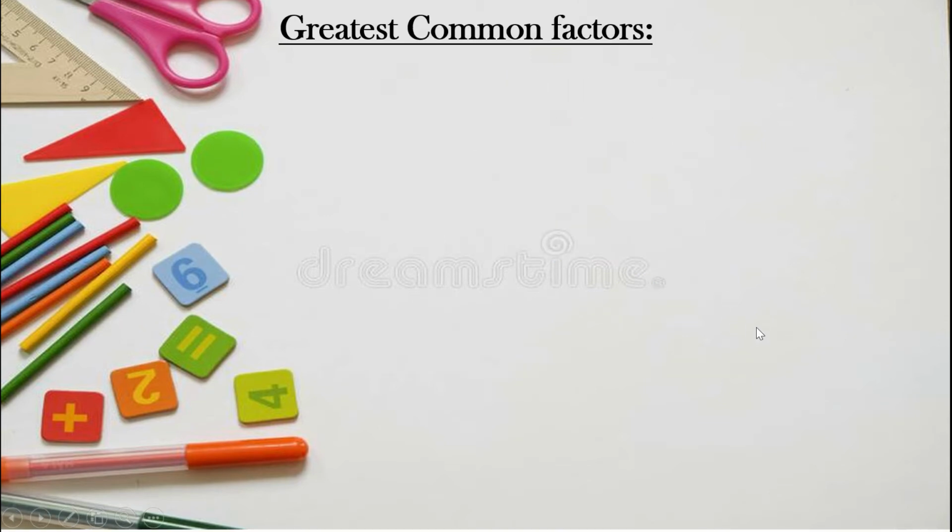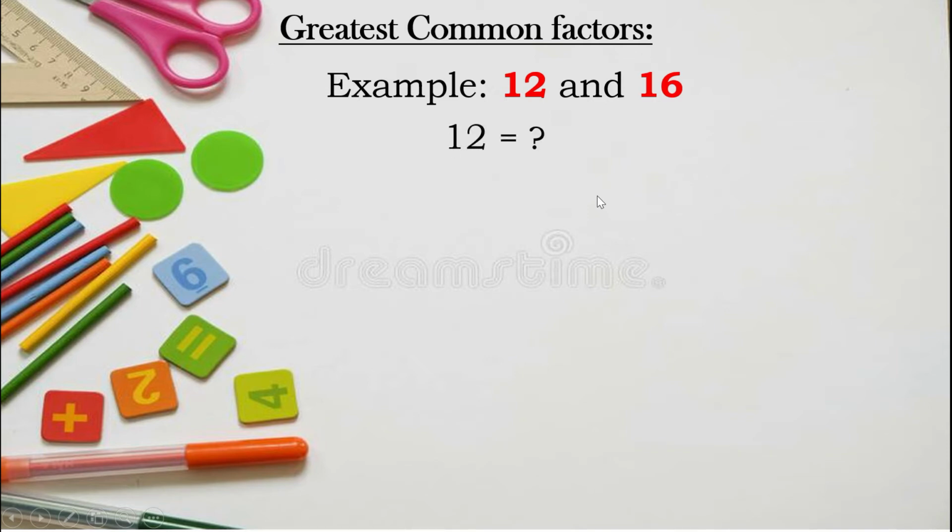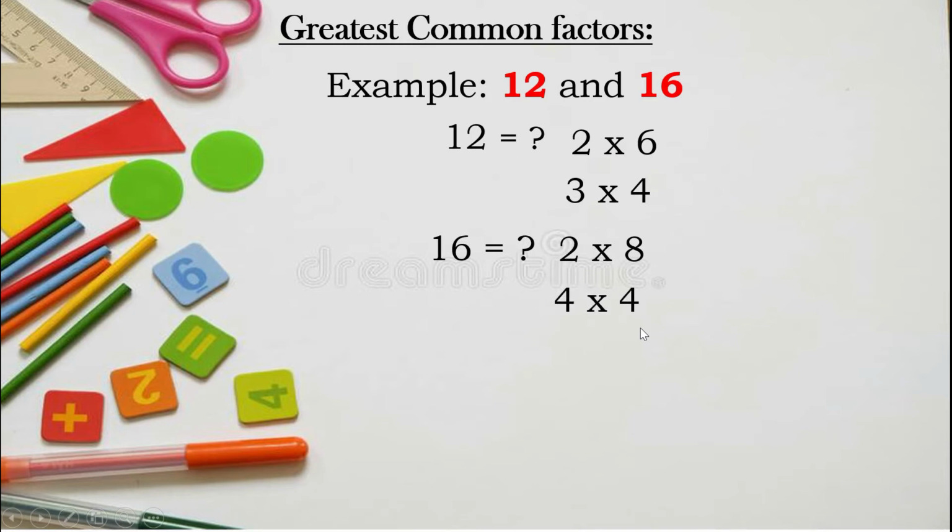Next, greatest common factors. Ano naman itong greatest common factors? Nire-review lang natin. Last grade, diniscuss na natin ang LCM, GCF, at common factors. Again, find first the factors of 12 and 16. 12, meron tayong factor na 2 times 6 at 3 times 4. The same process. 16, meron tayong 2 times 8 at 4 times 4.